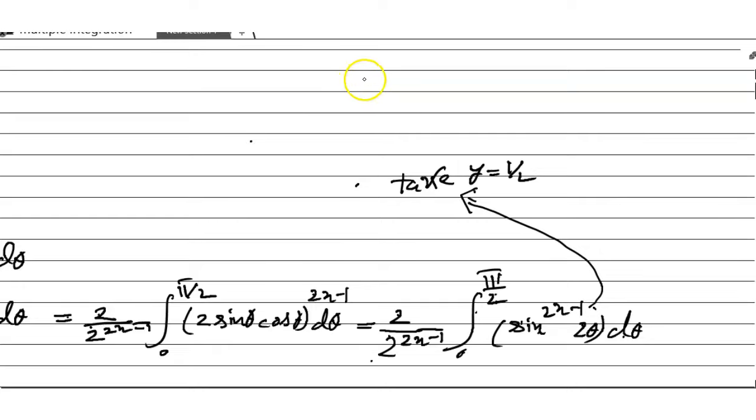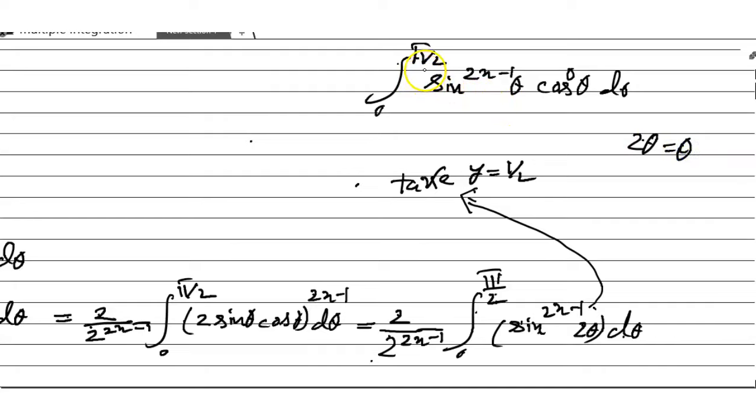So it can be written as the integral from 0 to pi by 2 of sine to the power 2x minus 1 theta cos to the power 0 theta d theta, and 2 theta is equal to theta, I can say.